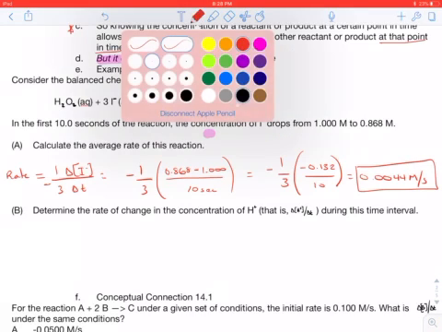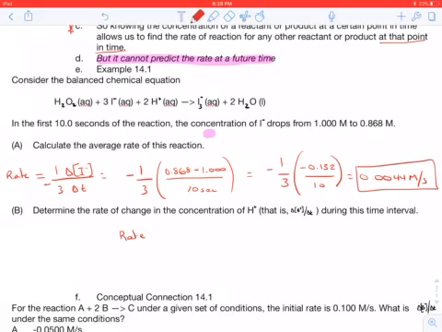We know that rate equals negative 1/3 of this, delta I minus over delta T. It is equal to, if we're looking at H plus, 1/2 of this, delta H plus over delta T. So we know this one right here is 0.0044.